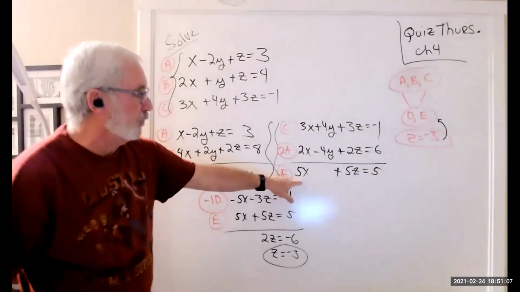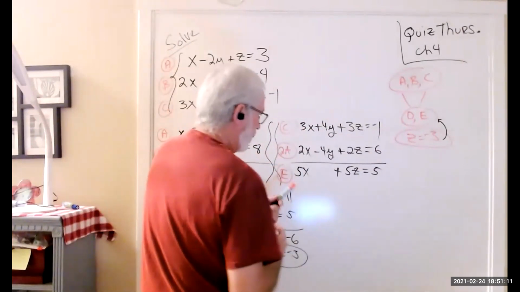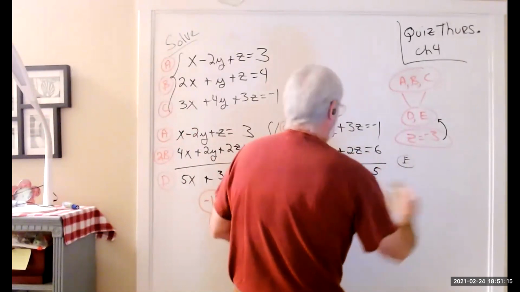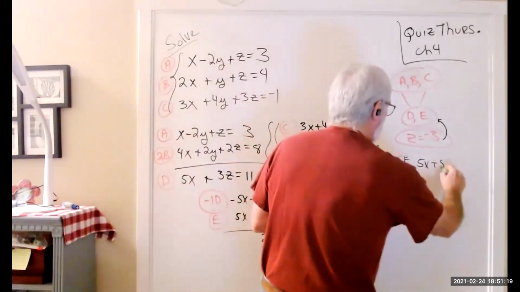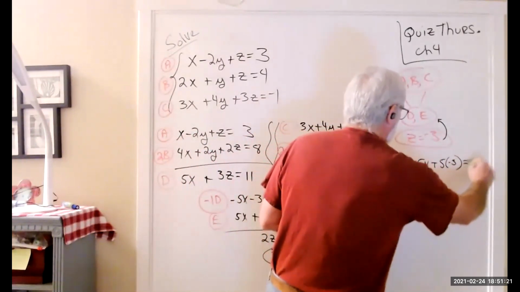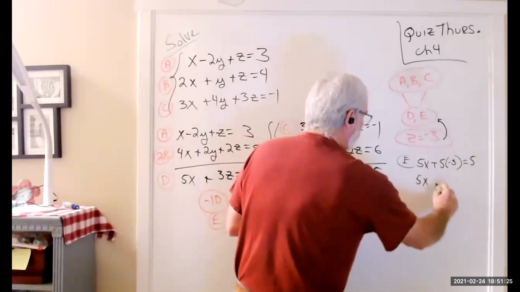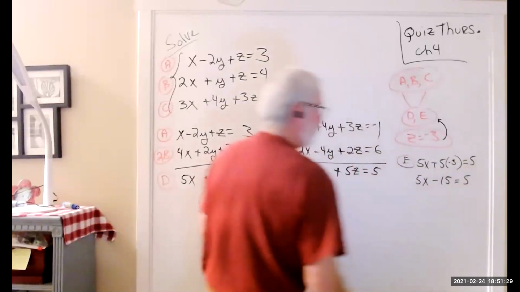Okay. So if I say Z is -3 and I plug it in here, I'm going to take E. I'm going to have 5x plus 5 times -3 equals 5. That's 5x minus 15 equals 5.